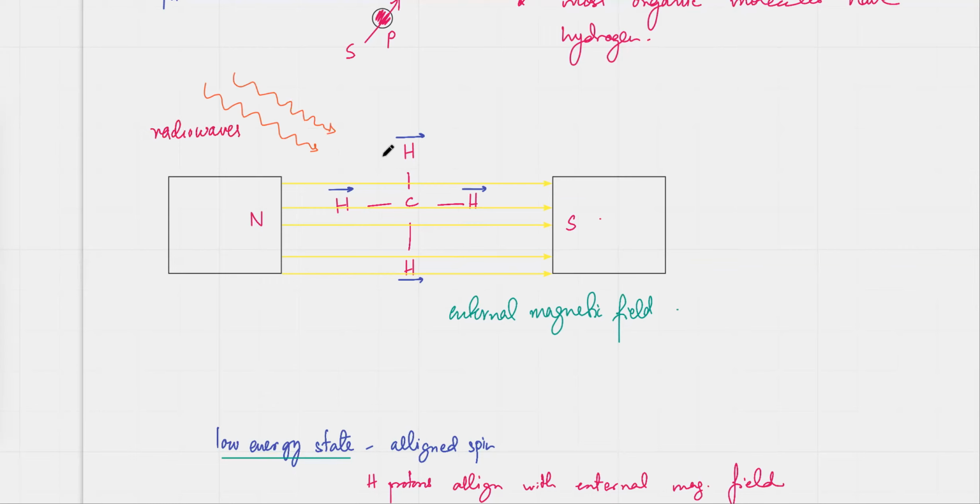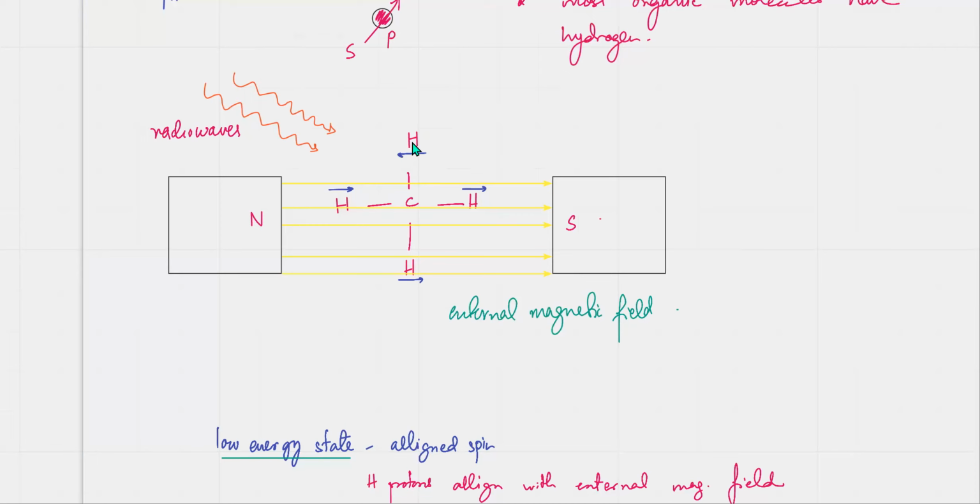And this is going to make this hydrogen proton energetic. When this hydrogen proton gains a lot of energy, it can now possibly oppose the external magnetic field. It can start opposing the powerful external magnetic field, but it has to be very energetic.